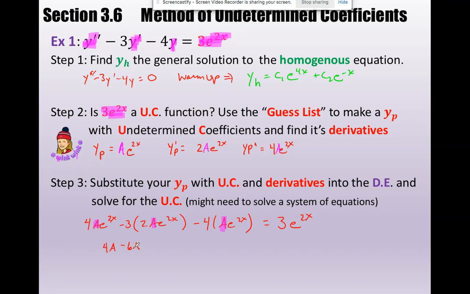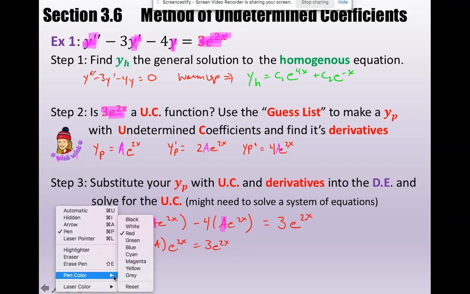4a minus 6a minus 4a are the coefficients all in front of e to the 2x, and it's equal to 3e to the 2x. Right? Divide out the e to the 2x.